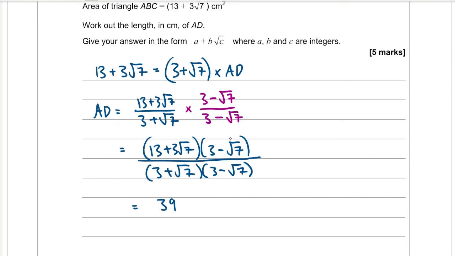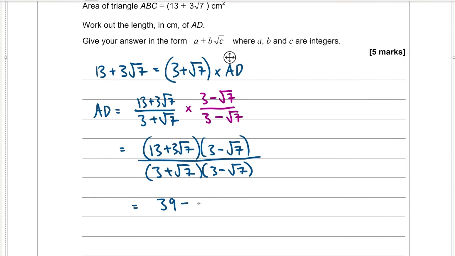I get 13 times minus root 7, which is minus 13 root 7. And then we have 3 root 7 times 3, which is 9 root 7. And then finally we have 3 root 7 times minus root 7. So the 2 root 7s will turn into a 7, times by 3 is 21, and there's a minus sign there.